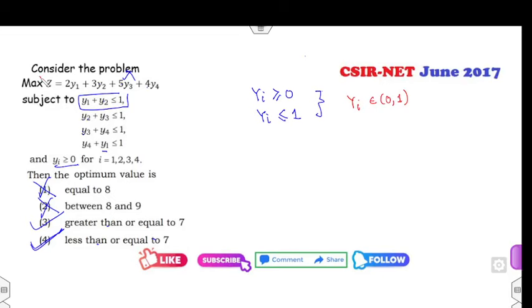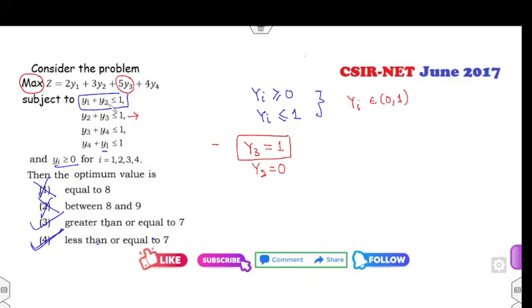Fine. Now your target is to find the maximum value of the z. Which coefficient is maximum? y3. Choose the maximum value of y3. What is the maximum value of y3? 1. Fine. Now once y3 is 1, from this case y2 must be 0.